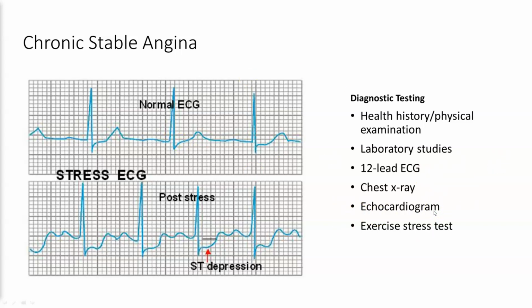Again, we have the two types. You have the TTE or the TEE, which we've discussed already. And then an exercise stress test. Again, we put them on the treadmill to elicit this kind of response, and this is exactly what you would be looking for. It's this kind of ST segment depression. Remember, it's not just an exercise stress test.